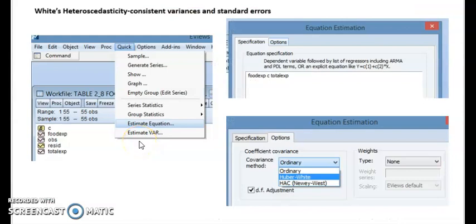Since t-tests and F-tests are no longer valid, or the t-stats and F-stats are not reliable, we need to use heteroscedasticity-consistent variance and standard errors, meaning we need to get the robust standard errors. From EViews, once we estimate the equation, y, c and x, we can go to the options menu and click Huber-White coefficient covariance.